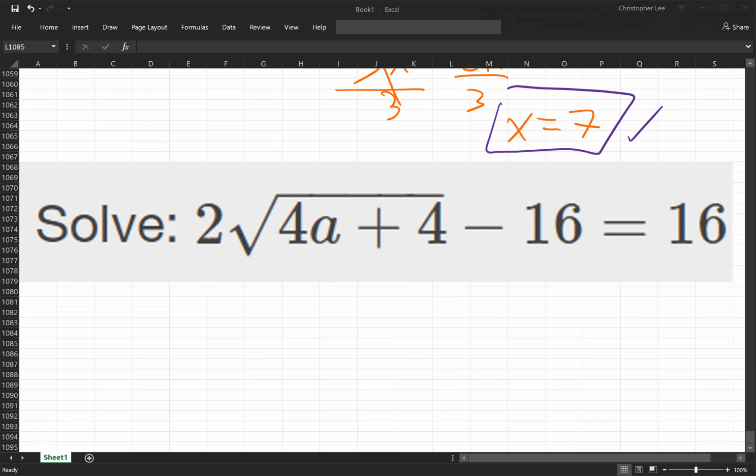Yeah. So multiply it, and then whatever 2 times whatever that is minus 16. Does that equal 16? If it's 32, you're good. Oh, that's what I'm hoping it is.